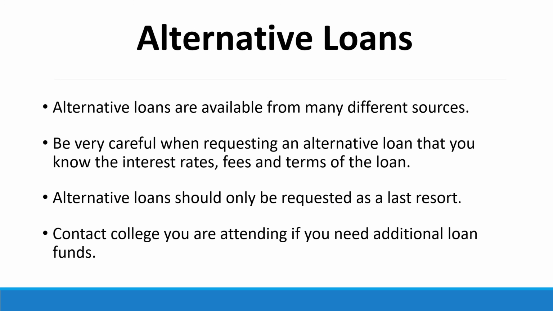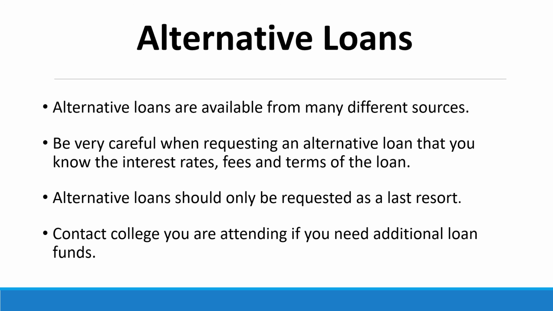We then have alternative loans, and alternative loans are available from many different sources. Be careful when you're requesting an alternative loan. Each college has a list of lenders that they work with on a pretty regular basis. These are educational alternative loans, so they provide the advantage of lower interest rates.